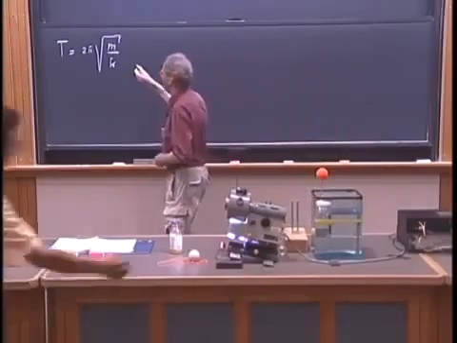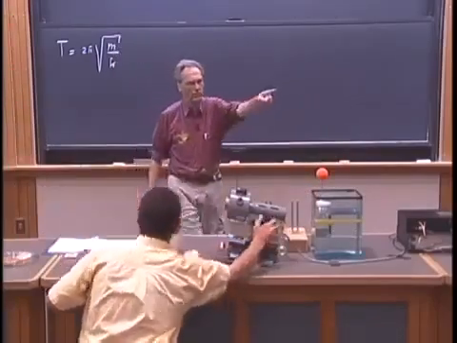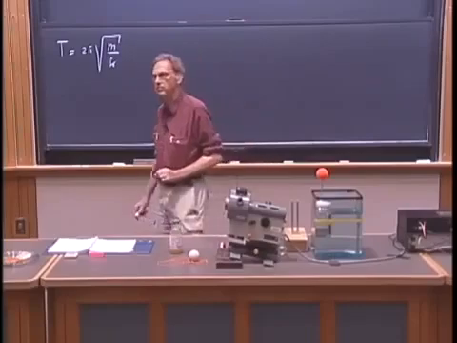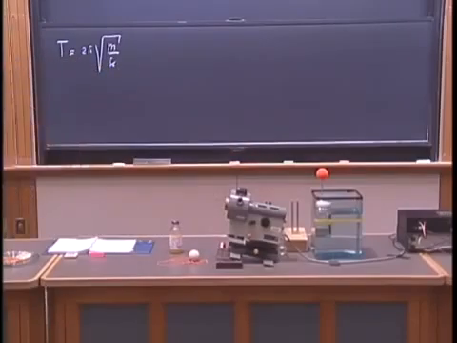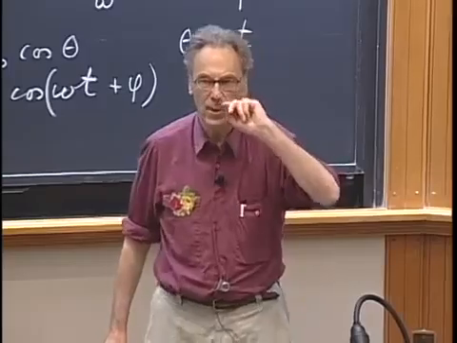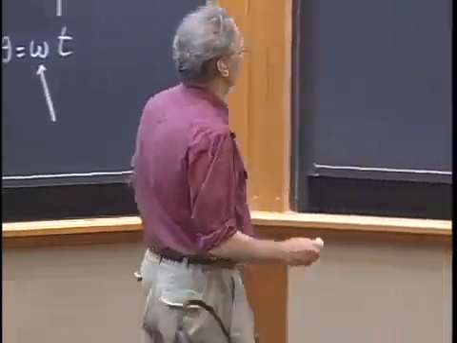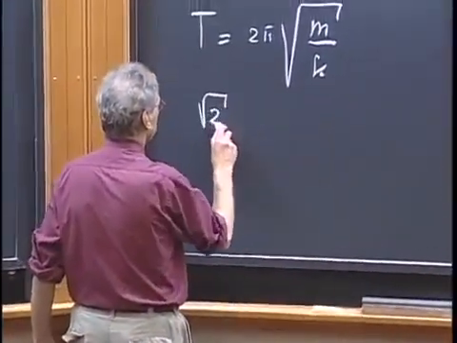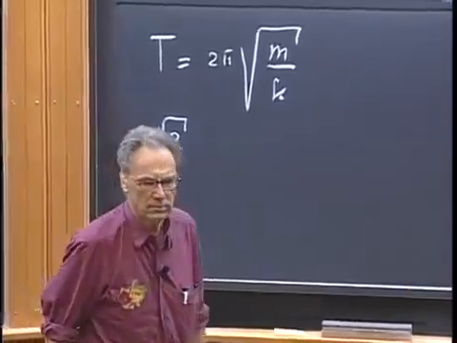I'm going to double the mass that I'm going to hang on that spring. We're going to measure the period, and then I want the mass, which is twice as high, I want that period to be the square root of 2 times higher, because that's what this equation predicts.